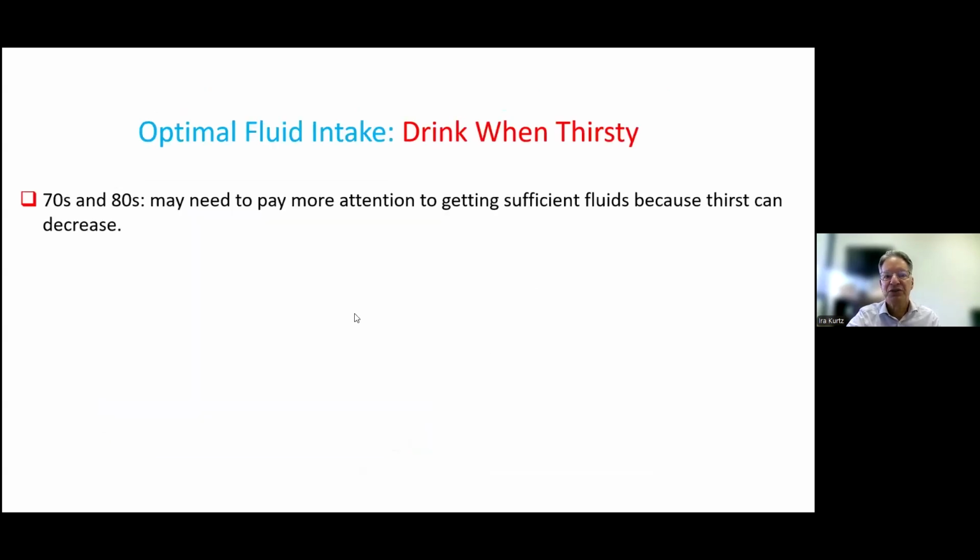So the question is, how do you know how much fluid to drink? What is the optimal fluid intake? And there's all sorts of ads that we all know about, social media, social pressure from your friends. It's sort of folklore now that you should be drinking 8 glasses of water a day. I can tell you that doesn't come from any evidence at all.